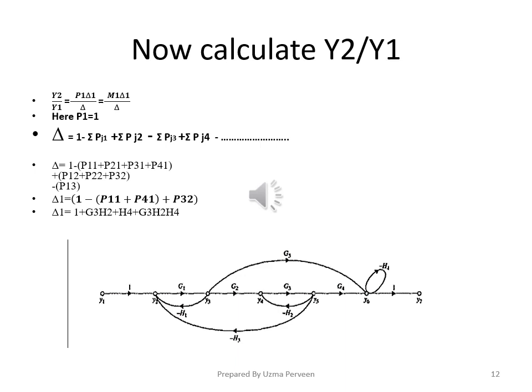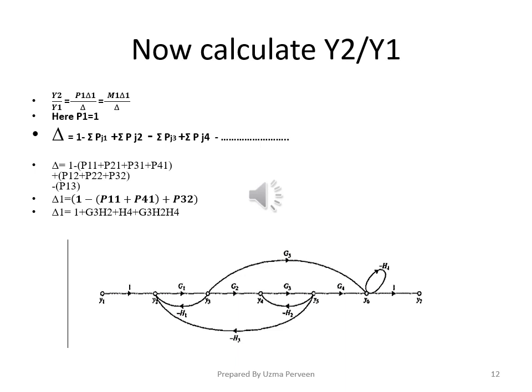So we can consider these two loops as single loops, and the combination of these two loops is also non-touching to forward path 1. So we'll consider the two non-touching loops. So the formula for del 1 will be 1 minus P11 plus P41 plus P32, and we'll put the values of these P11, P41 and P32 and get the value of del 1.